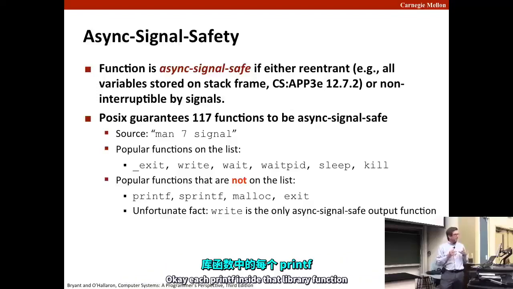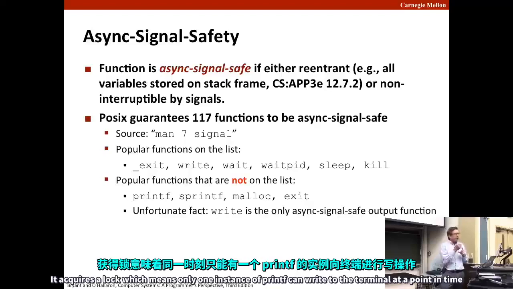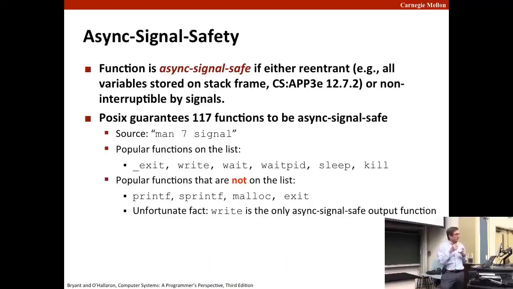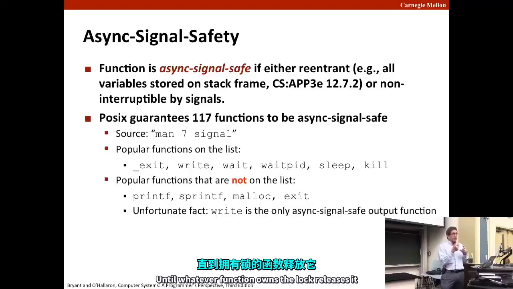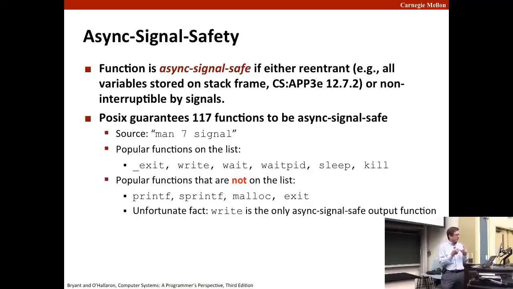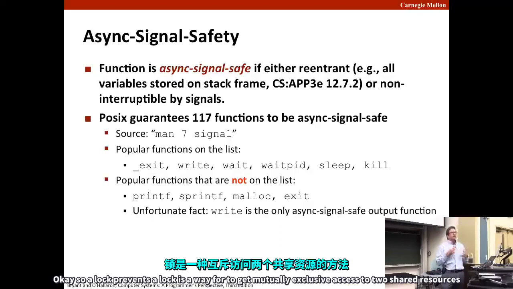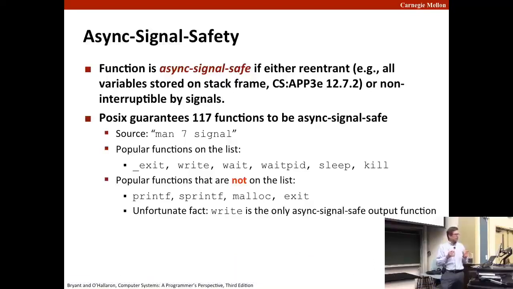Each printf inside that library function acquires a lock, which means only one instance of printf can write to the terminal at any point in time. If another function tries to acquire that lock, it has to wait until whatever function owns the lock releases it. So a lock is a way to get mutually exclusive access to shared resources.